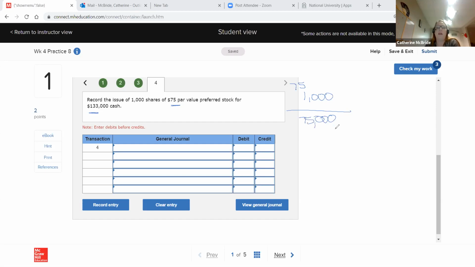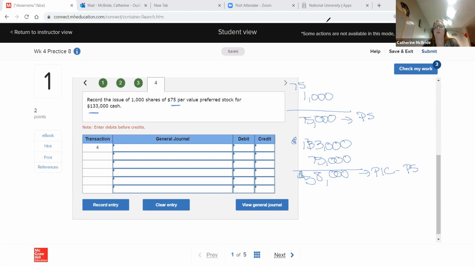So I have $75,000 that is going to go into preferred stock. Everything else, this is the total we received. This is the amount of the par value. Huh, that's ironic. $58,000 is going to go into paid in capital in excess of par preferred stock.